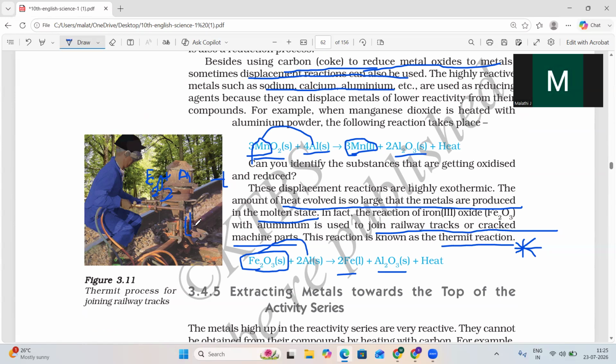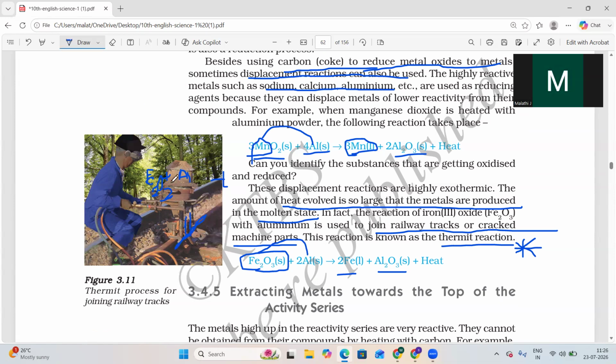Railway tracks need more heat to melt, so this process is used to join them. Where the track is broken or damaged, it is not easy to join tracks made of iron, so we need to weld them. Normal heat is not enough to join these tracks.